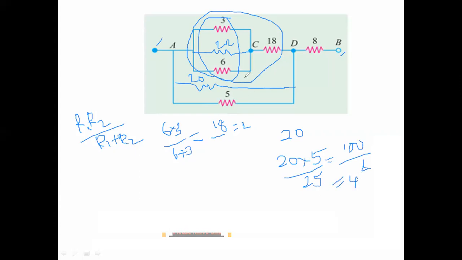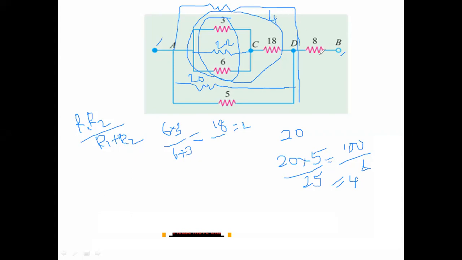So this entire network will be replaced by an equivalent resistance of 4 ohms.